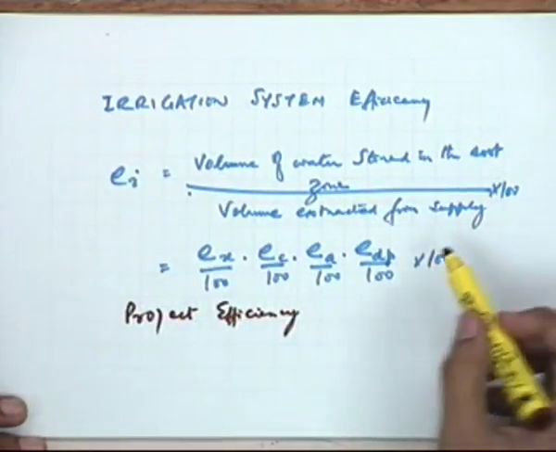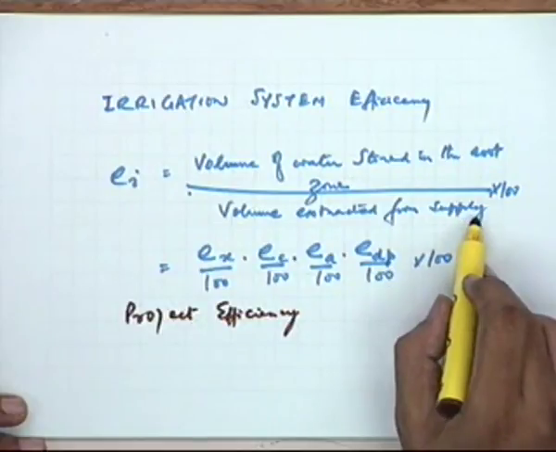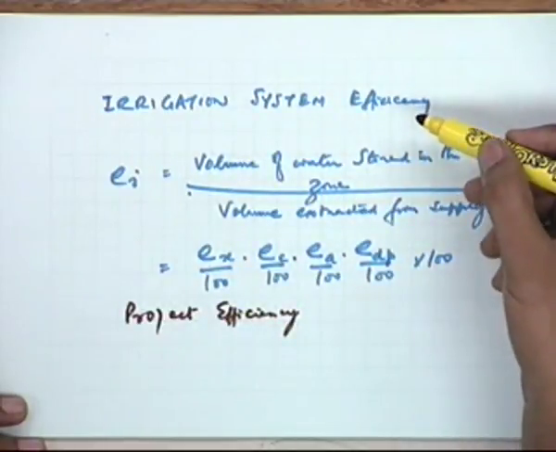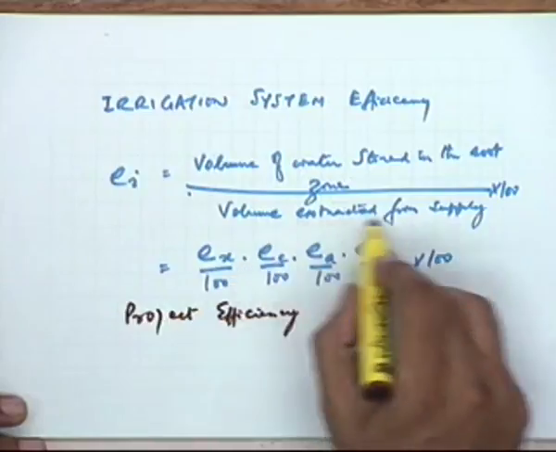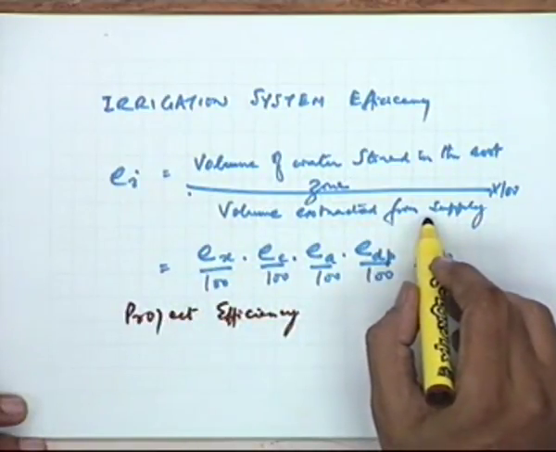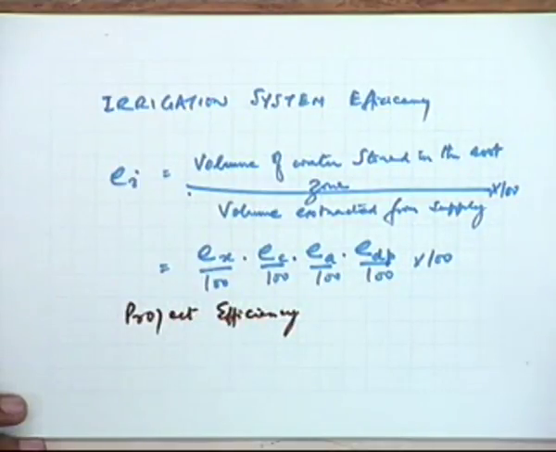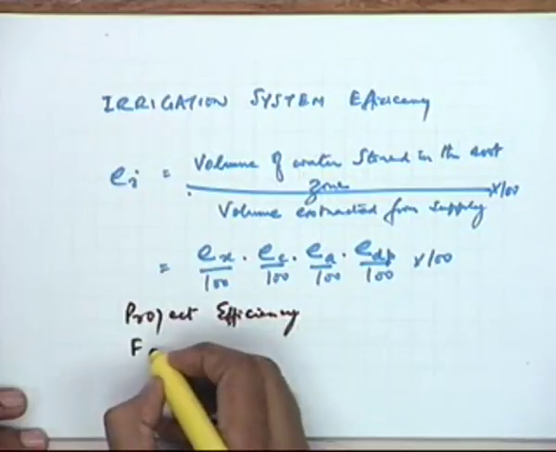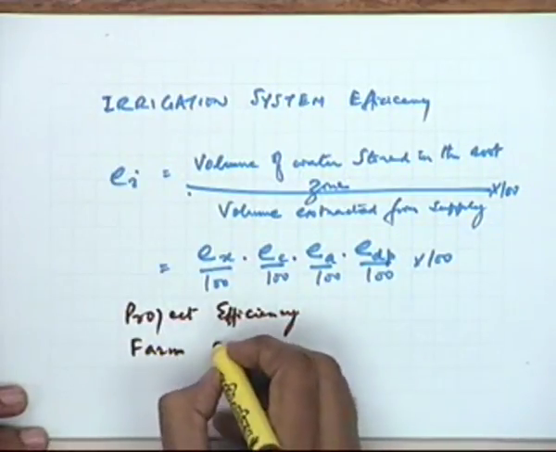That means if I am considering the volume extracted from the source, then it is sometimes called either the irrigation system efficiency or the project efficiency. If I bring down this level of interest, if I am only interested in what happens after the farm head gate, then it will be called farm irrigation efficiency.